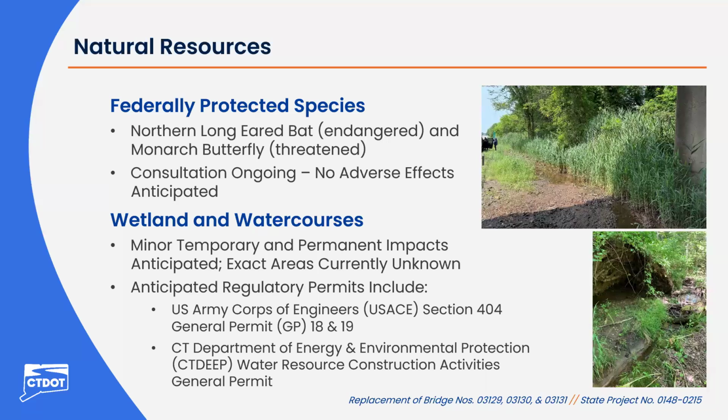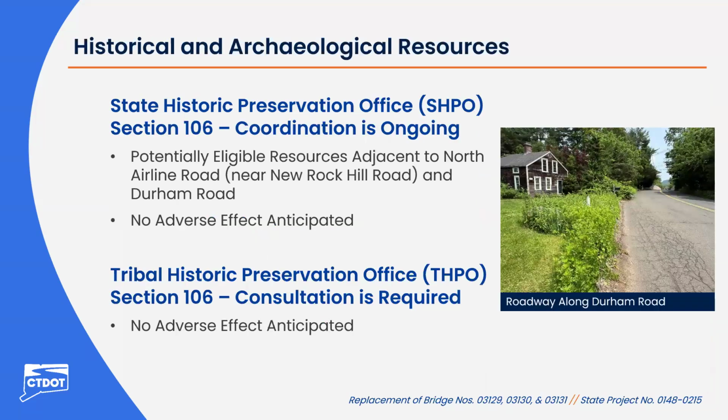The anticipated regulatory permits include the United States Army Corps of Engineers, Section 404, General Permits 18 and 19, and the Connecticut Department of Energy and Environmental Protection, Water Resource Construction Activities General Permits. For historical and archaeological resources, there were potentially eligible resources identified adjacent to North Airline Road, which is near the New Rock Hill Road Bridge and Durham Road.